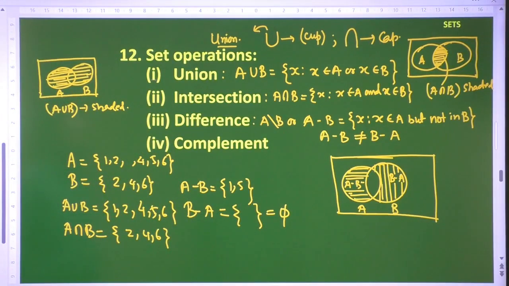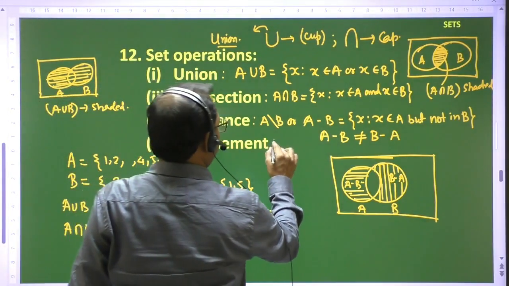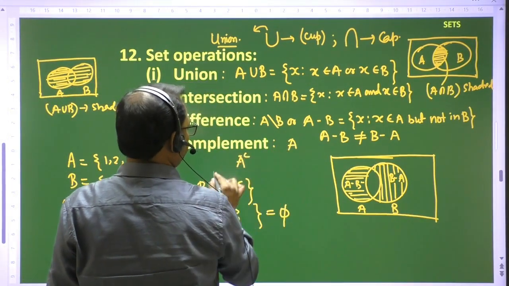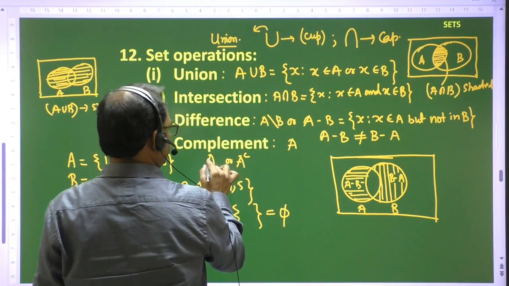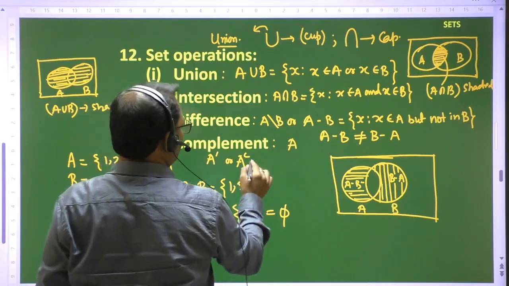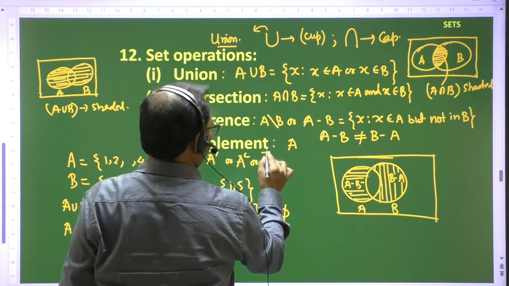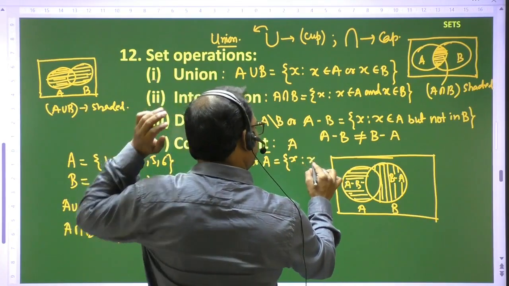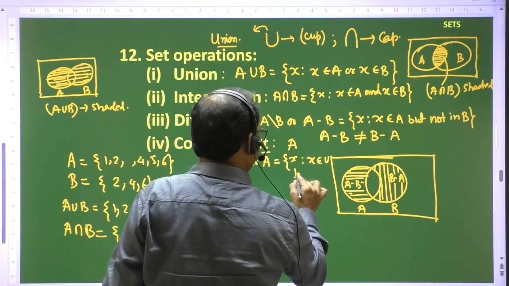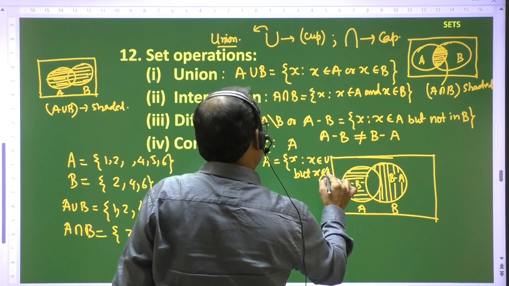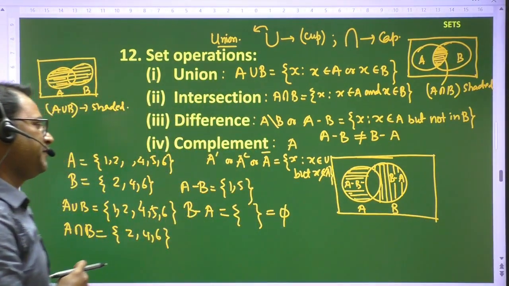Okay. What is the meaning of complement? Complement of a set A is denoted by A complement, or you can write A dash, or A bar, which is the set of all X such that X belongs to the universal set but X does not belong to A. Not the elements of A you have to take.